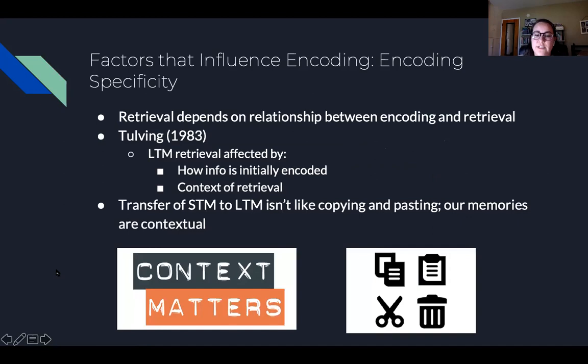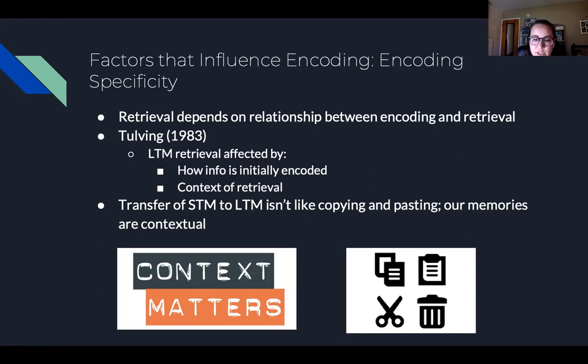So now we're going to continue talking about some of the other specific factors that play a part in elaborative rehearsal, that is our more complex rehearsal, as well as the retrieval of this more complex rehearsal. One factor to consider when we're thinking about encoding is the encoding specificity principle.